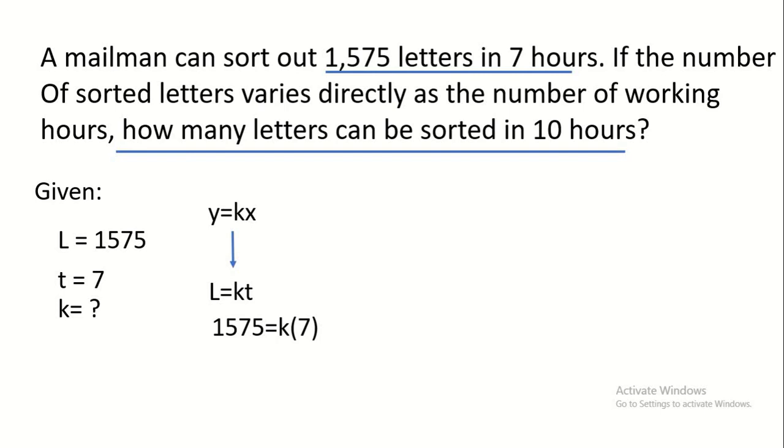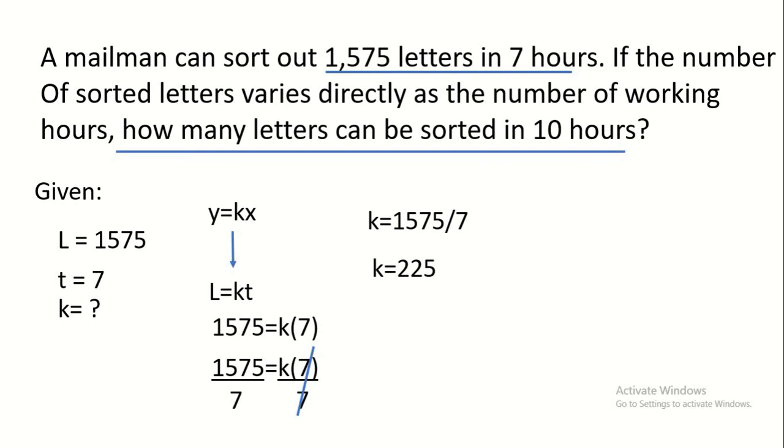Gagamit tayo dito ng division property of equality kasi may katabi si k. So, we will divide both sides by 7 para makancel. So, our k is 1,575 over 7, or 225. Ibig sabihin, meron tayong 225 letters na nasosort per hour.